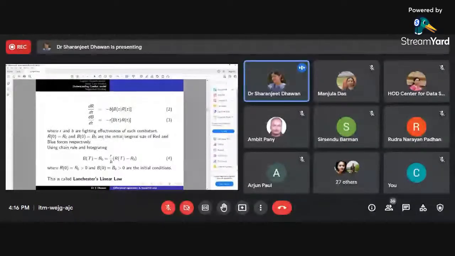We know how to solve it, and when we solve it using our basic techniques, we reach an expression of the form 4. This is called Lanchester's linear law. It will help us determine under what conditions who will win. This is all given by equation number 4.